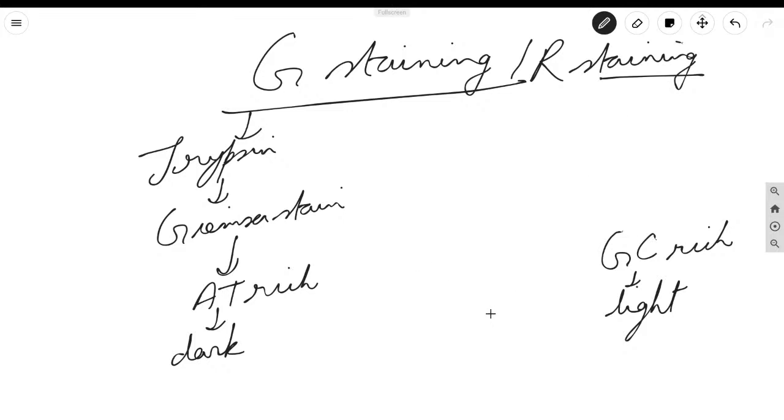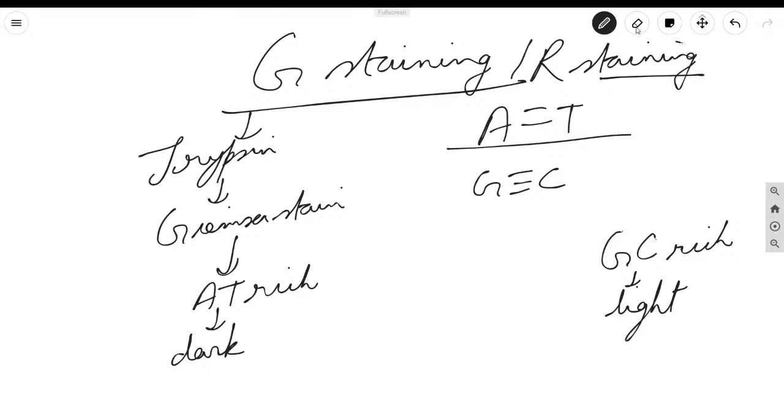Because what will the R stain do? The R stain will completely denature the AT region. How? Because AT has a double bond, GC has a triple bond, so it's easier to denature AT. That's why R staining will denature AT completely, because it will use hot acidic saline solution and then Giemsa staining.